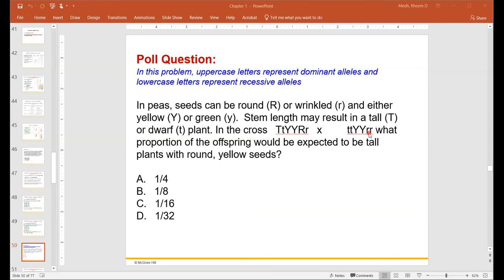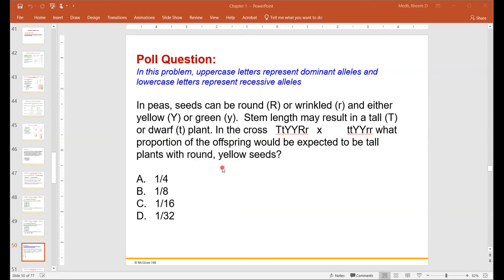I wrote those three down, and then I wrote down what we need. We need what proportion would be expected to be tall, round, and yellow. So it's big T and anything, big R and anything, and big Y and anything. For each individual cross, big T, little t cross to little t, you will get a 1:1 ratio of big T, little t to little t, little t. So 1:1 of tall and short.